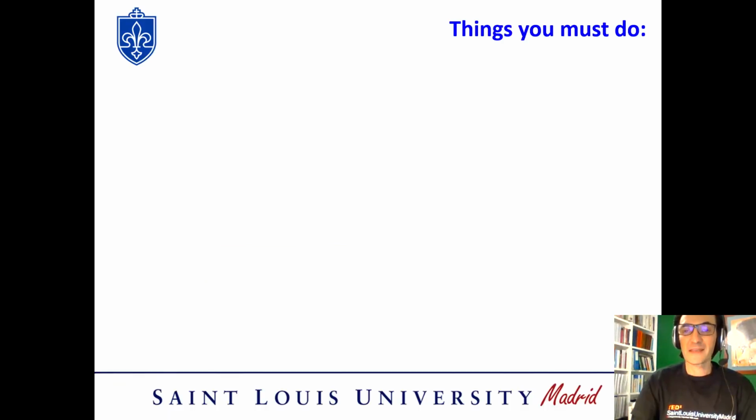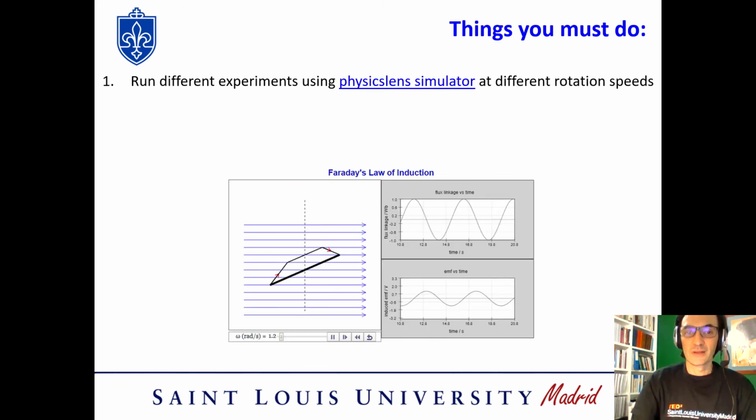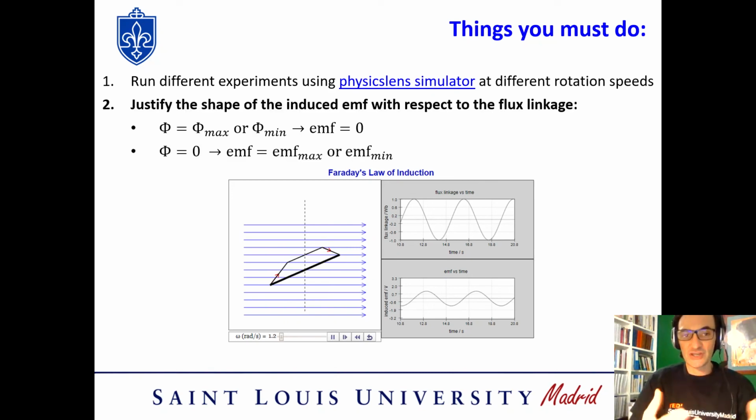So once again, here are the things you must do. You want to run different experiments in this physics lens simulator, playing with different rotation speeds. Do not forget to take screenshots. And you want to justify this shape of the induced EMF with respect to the flux linkage.